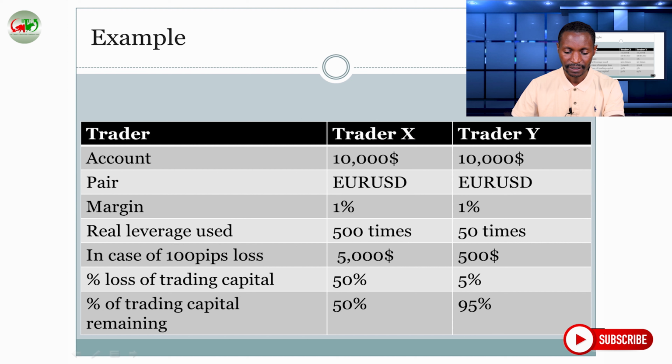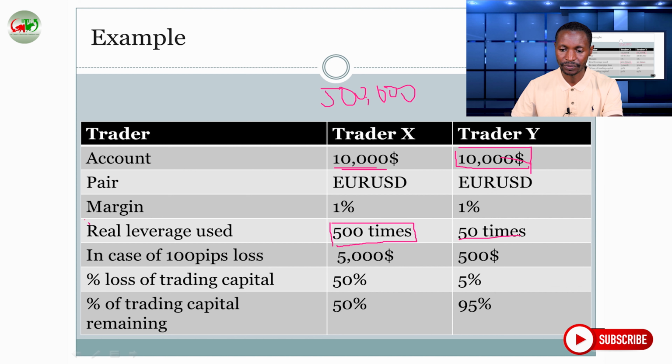But during the setting up of the trade, let's say trader X decided to go 500 times the trading capability of this account, which will be $500,000. And trader Y is smart enough, and he knows the effect of leverage.